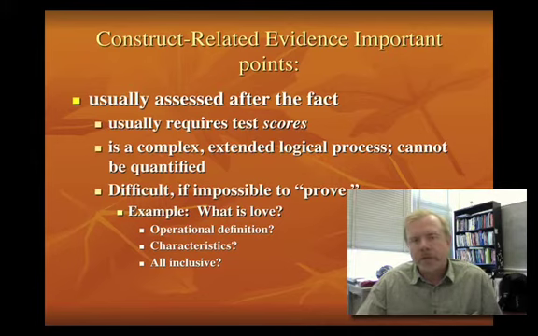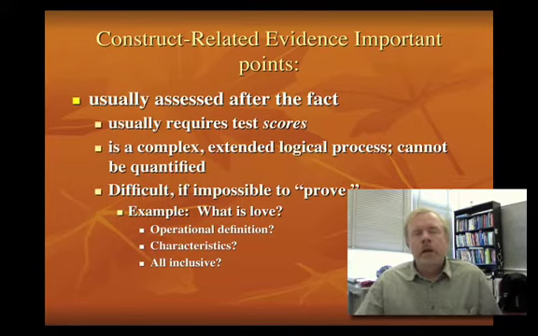This is one of the 4 types of validity evidence that's required generally for a test to be published and to be widely accepted. It's an extended logical process. It really can't be quantified precisely, but there is an extended logical sequence of steps that test developers go through to establish the kinds of things that we mentioned just on the previous slide. It's difficult, if not impossible, to prove.